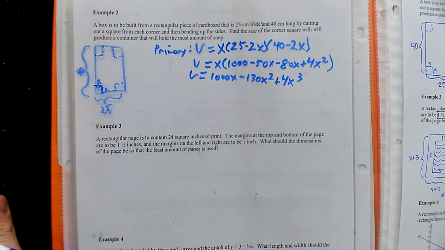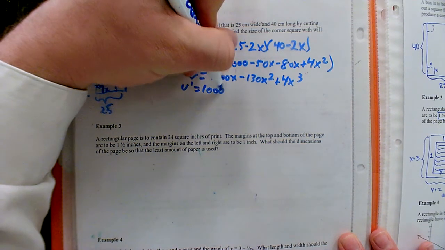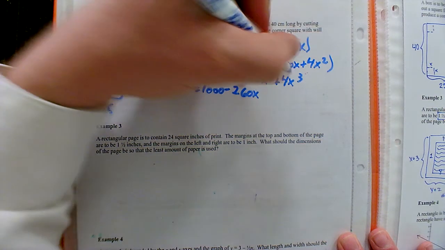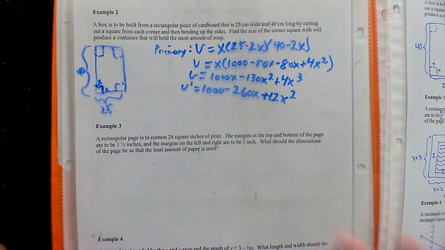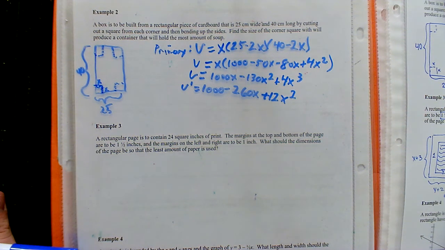Okay, so I have it simplified. I found my primary equation. I didn't need a secondary. I've simplified what I have. What should I do next? Derivative, v prime. 1,000 minus 260x plus 12x squared.